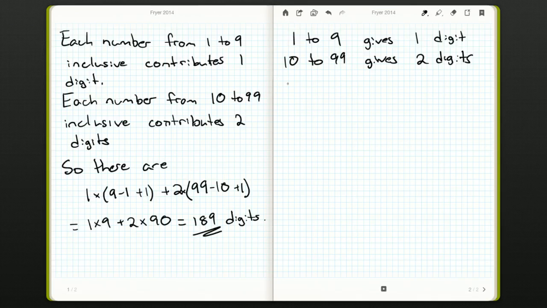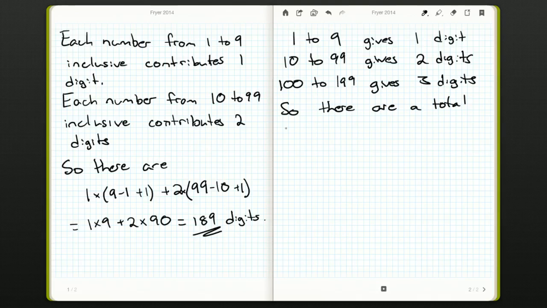Now we're not using all the 3-digit numbers, we're just using a very select group of them: 100 to 199, that gives us 3 digits. And we use the exact same sort of formula. We need to figure out how many numbers there are from 1 to 9 and multiply that by 1 digit. How many numbers are there from 10 to 99, multiply that by 2, for the number of digits. And then how many numbers from 100 to 199, and that gives us all the 3-digit numbers, so we multiply that by 3.